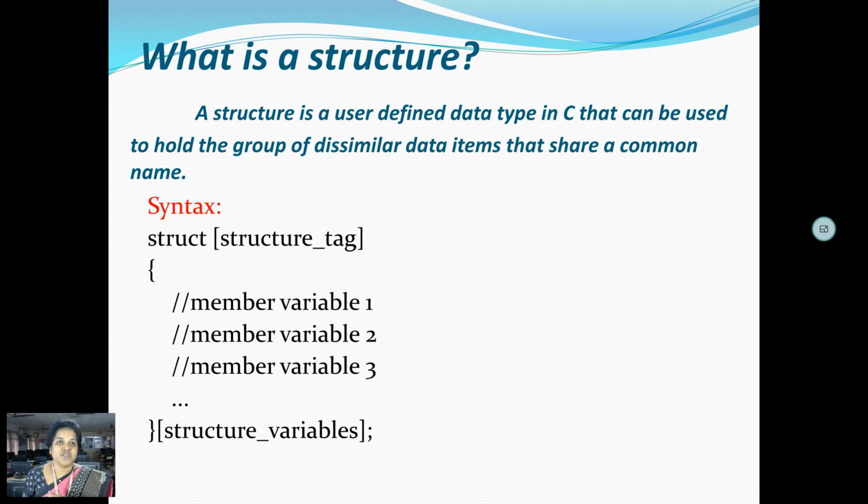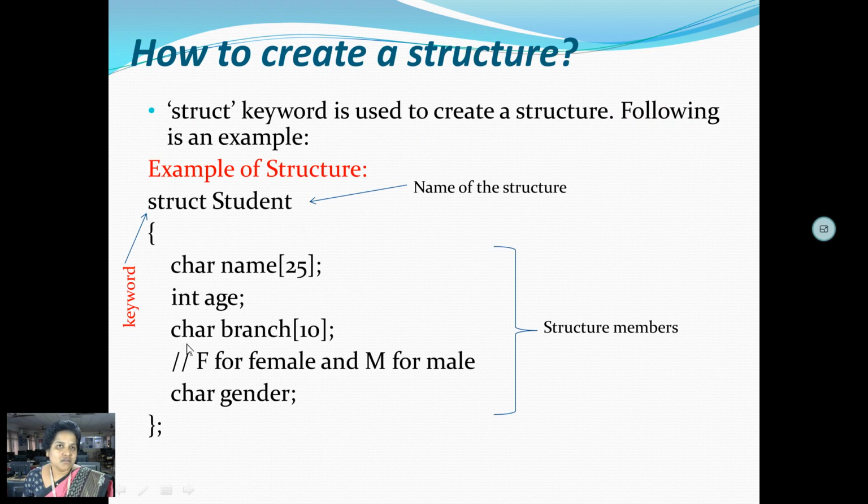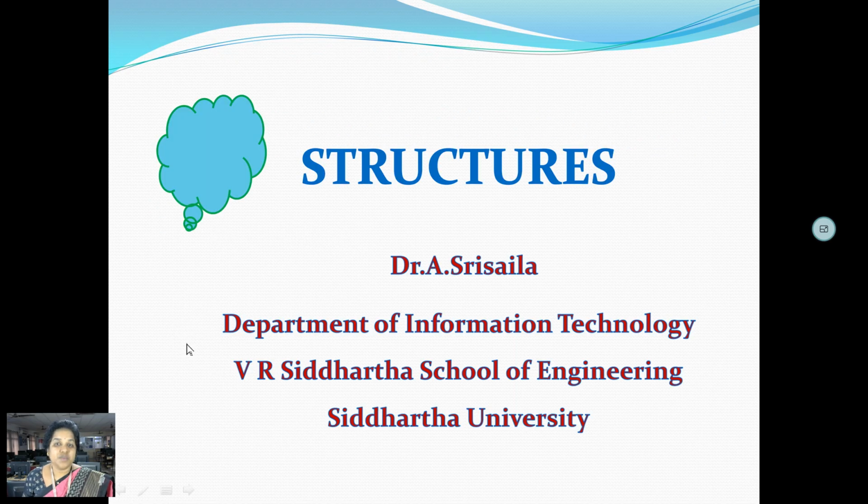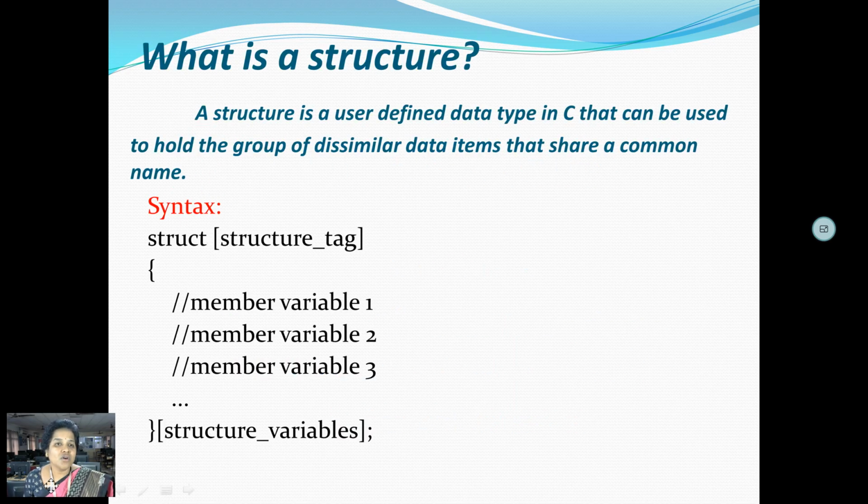So here is the syntax of the structure. While declaring a structure, it should start with the keyword struct, and here we should give a tag name for that structure, and the members, that is, what type of data you want to store, should be declared and enclosed in the braces.